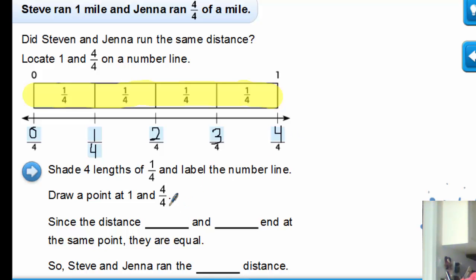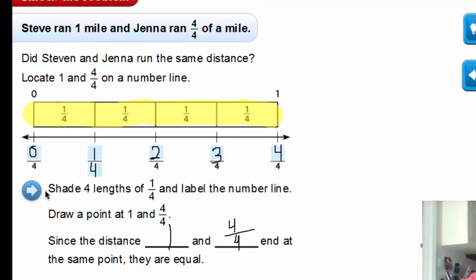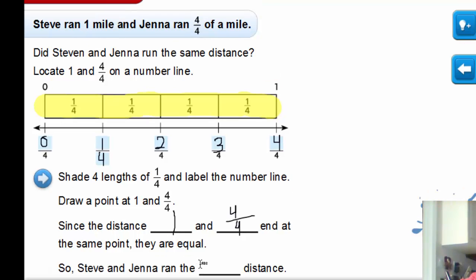Since the distance of 1 whole and 4/4 end at the same point, they are equal. So Steve and Jenna ran the same distance.